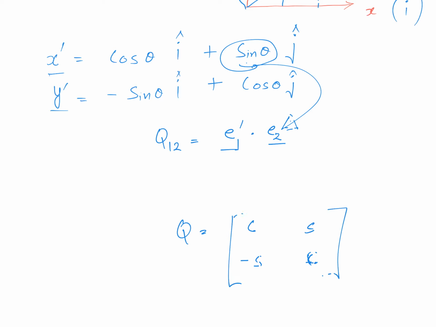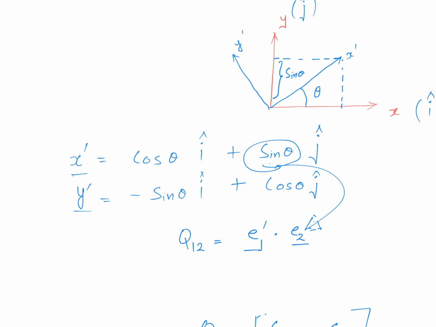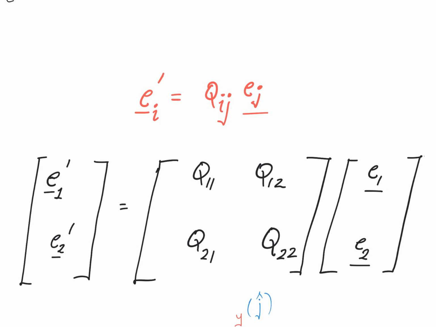Make sense? That's it. This is the matrix which helps us to transform one vector from one coordinate system to the other. It helps us to transform a vector in the old coordinate system to the new coordinate system. Make sense?